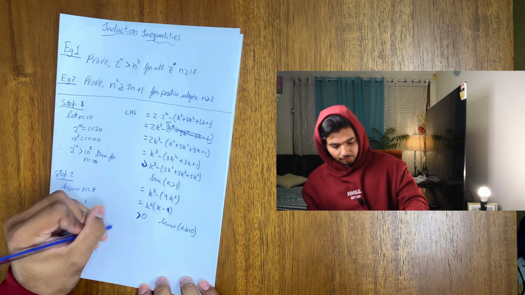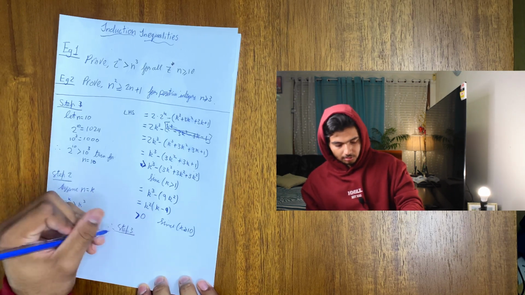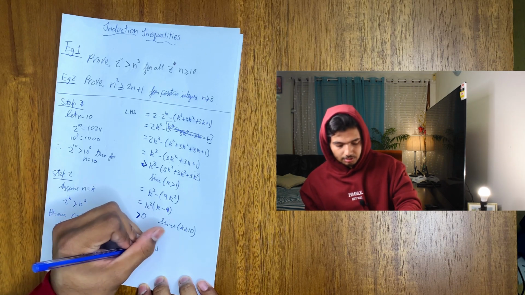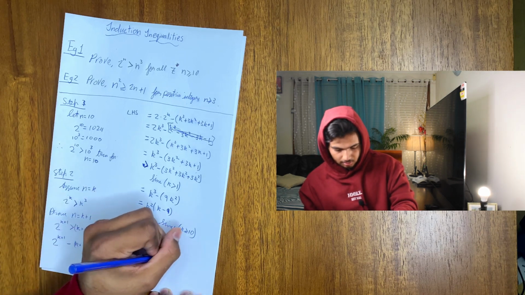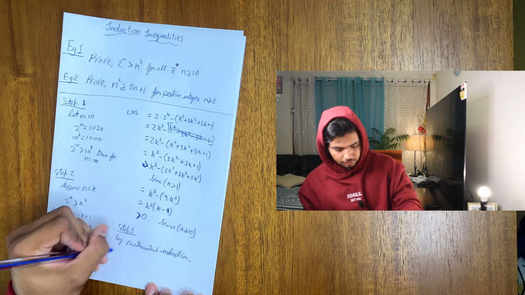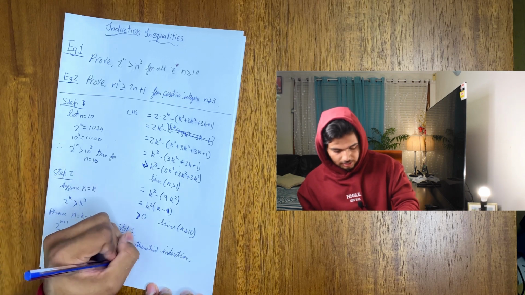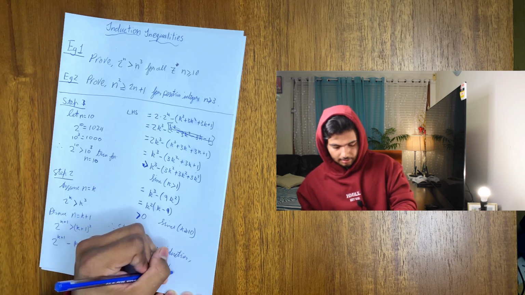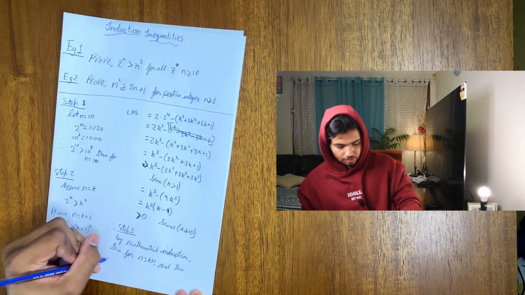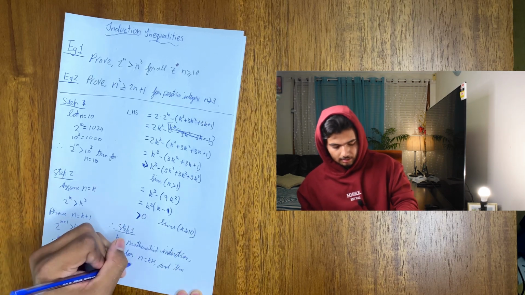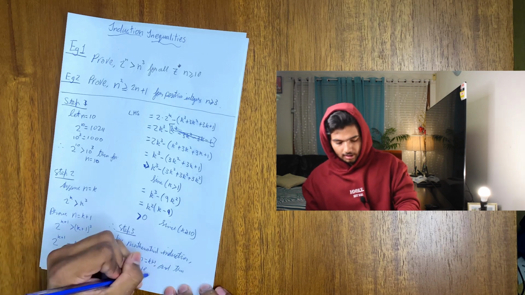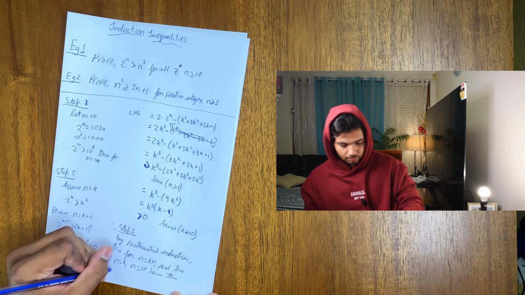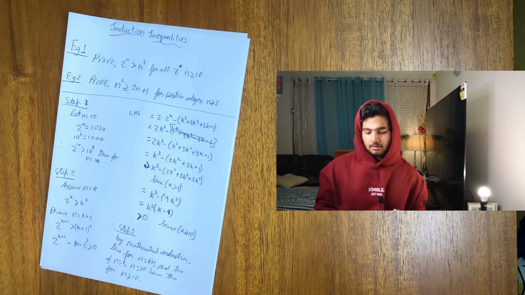So, therefore, step 3, by mathematical induction, true for n equals k plus 1, and true if n equals k, n equals 10, hence true for n greater than or equal to 10.